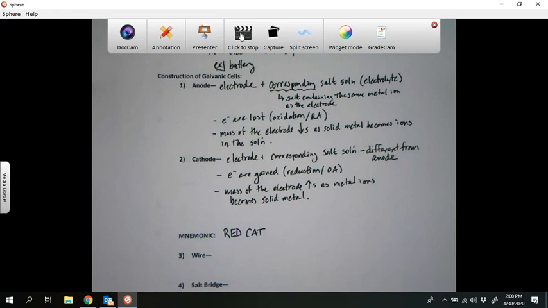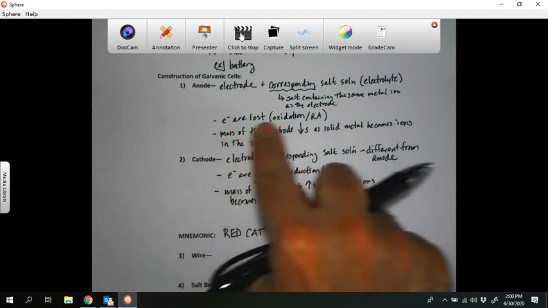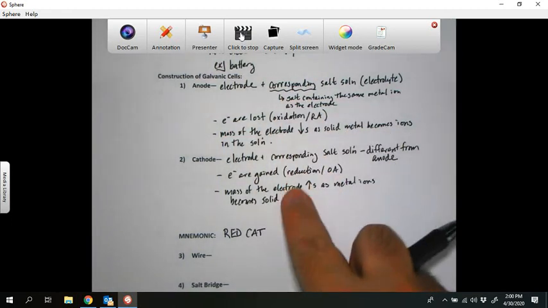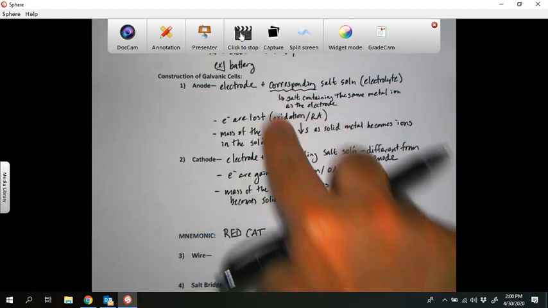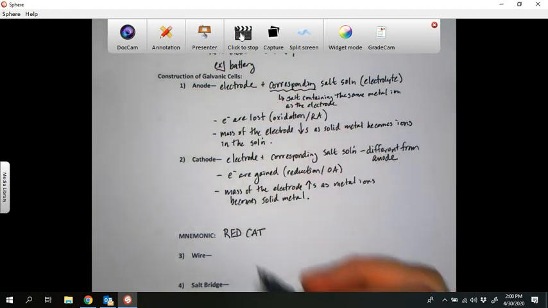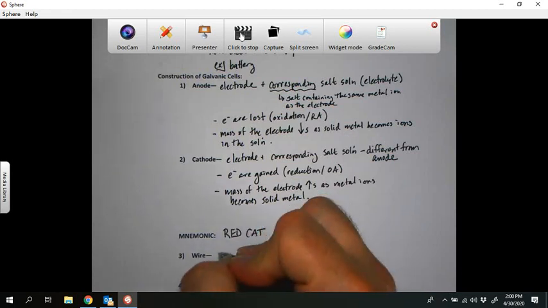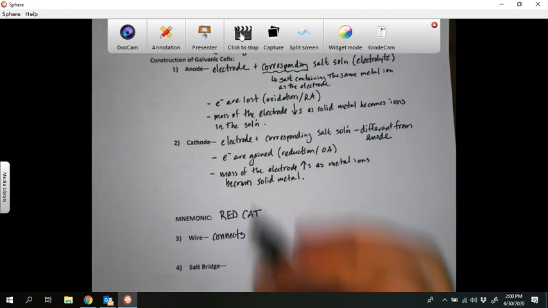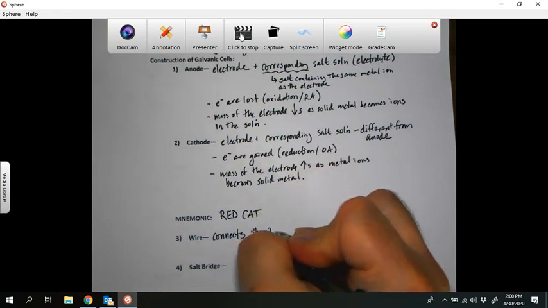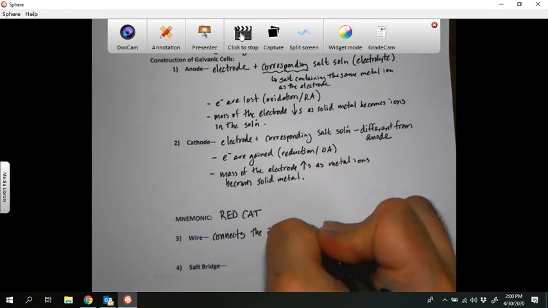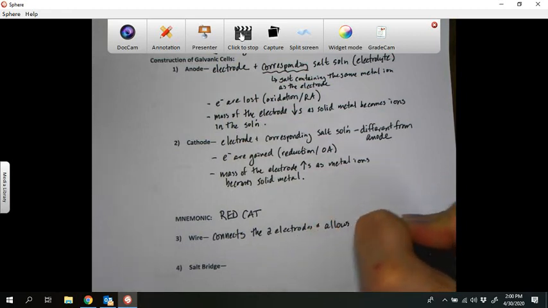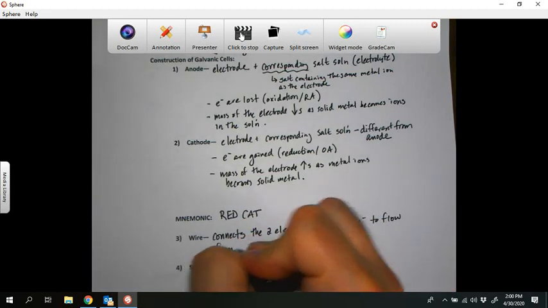So in order to get a flow of electrons, if electrons are lost here and they're gained there, we're going to have a flow of electrons from the anode to the cathode. And this is accomplished through a wire. And a wire connects the two electrodes and allows electrons to flow from anode to cathode.